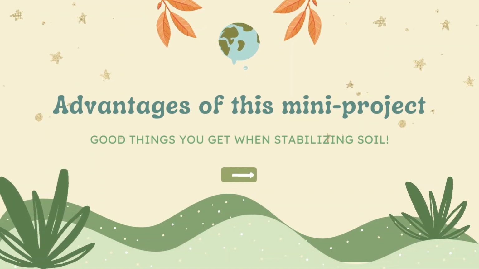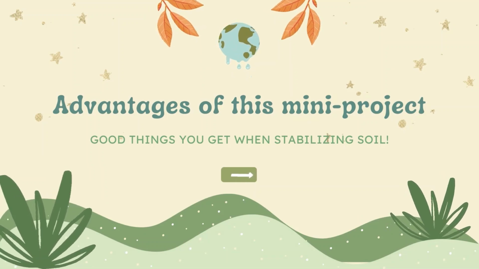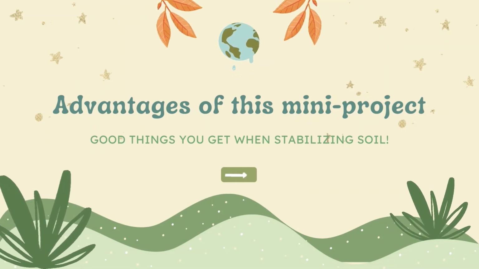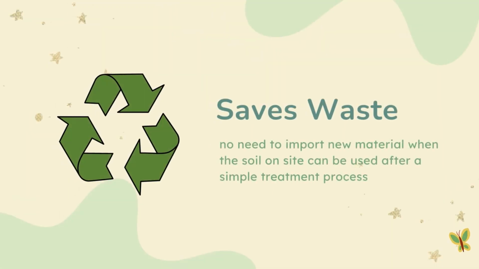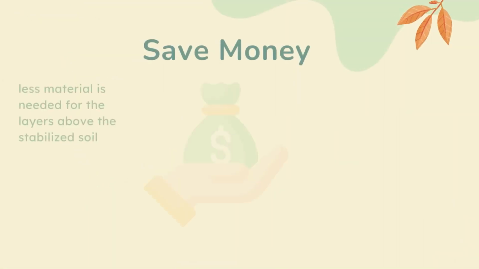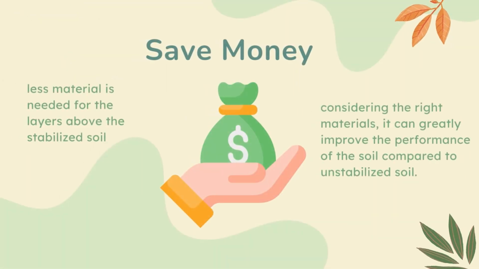So what are the advantages of this mini project or good things that you get when you stabilize soil? The first one, that you can save waste. You don't need to import new material when the soil on site can be used after a simple treatment process. Second one, that you can save money. Less material is needed for the layers above the soil that is stabilized.